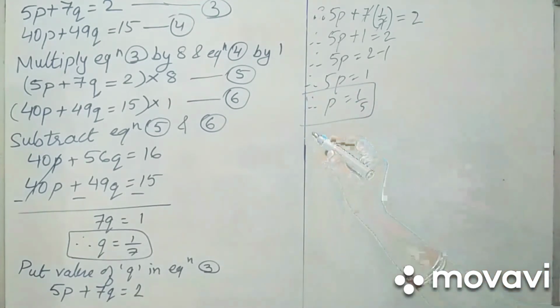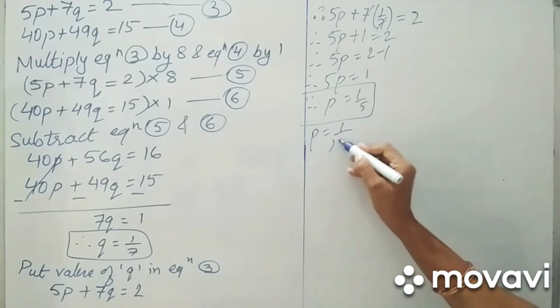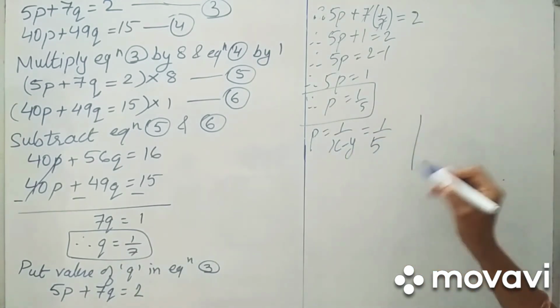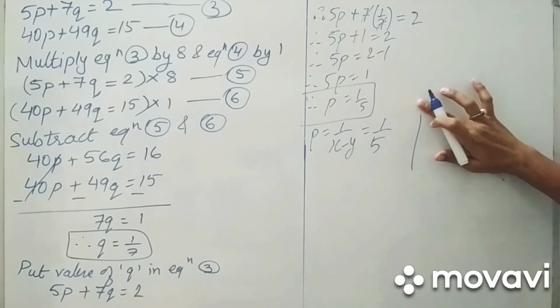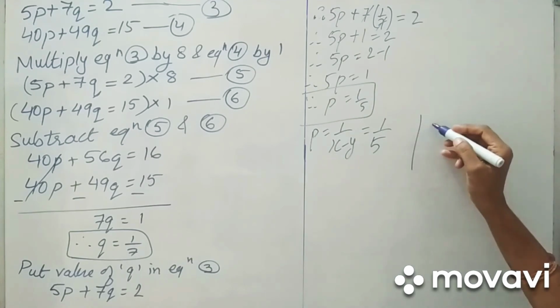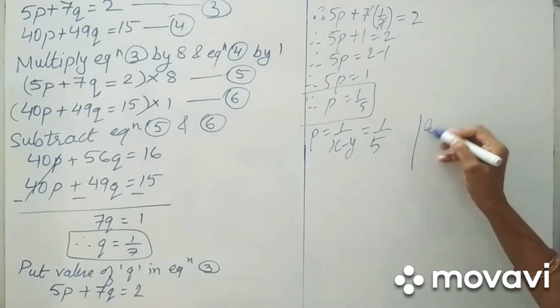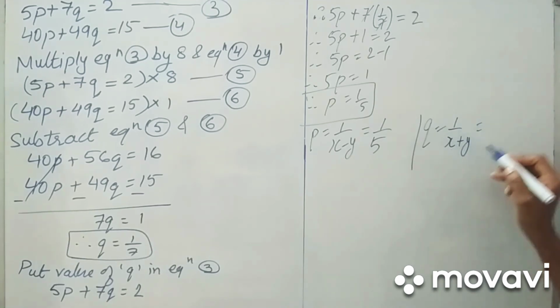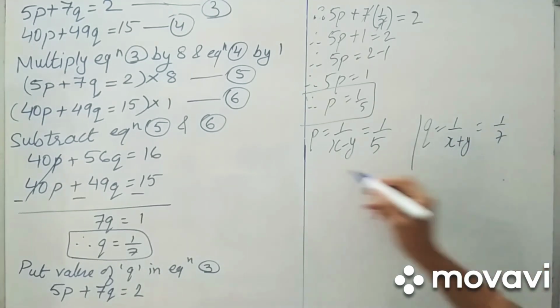What we supposed with p is x minus y. So 5 we got it. Simultaneously, I will suppose it for q also. What is it? q is equal to 1 upon x plus y is equal to 1 upon 7.